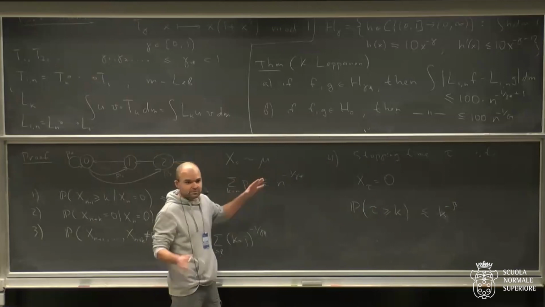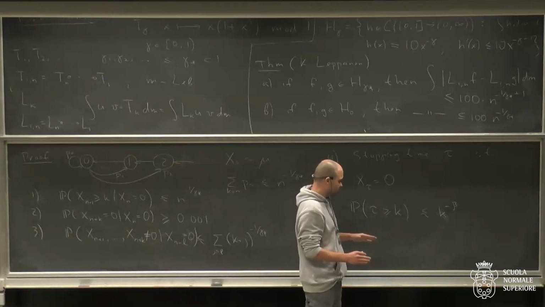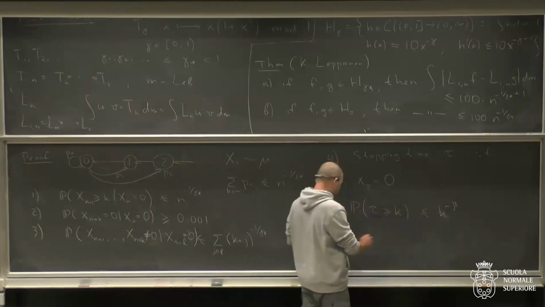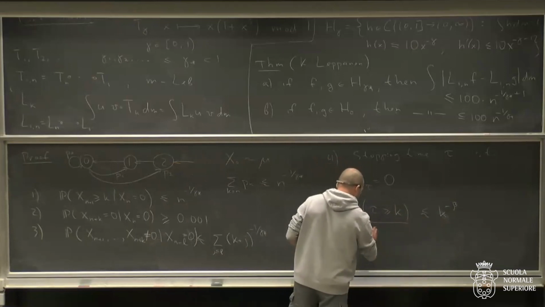So given two different measures, you can construct. No, not quite that. This is fine, but what you want to say is that these things are independent of mu.